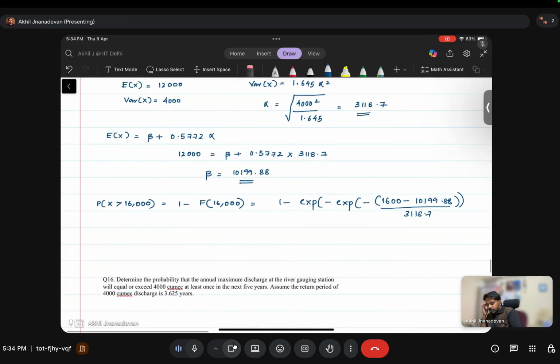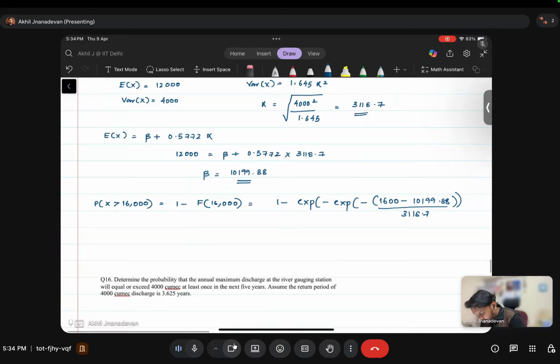If you solve this, it will come around 0.144. This is the required probability. So the probability of exceedance, that the discharge is greater than 16,000, is 0.144.